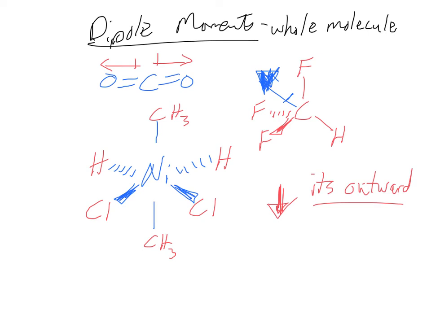So what if I replace this Cl with an H, and I replace that H with a Cl, now does that molecule have a dipole moment? No. It's equally being pulled in those directions.